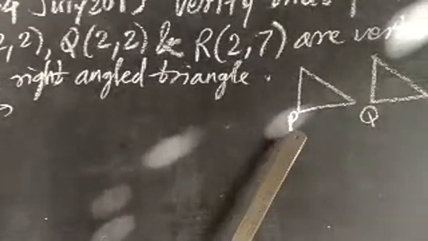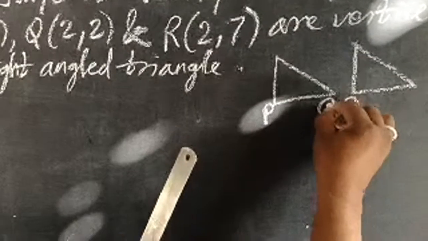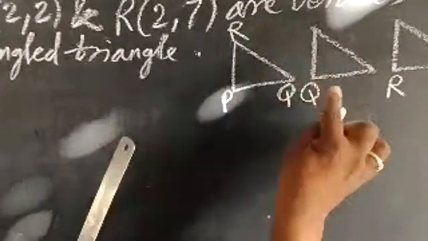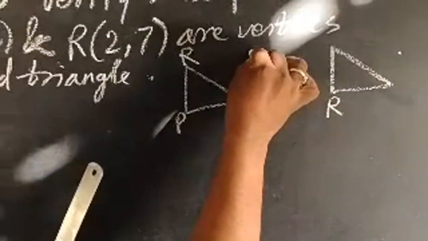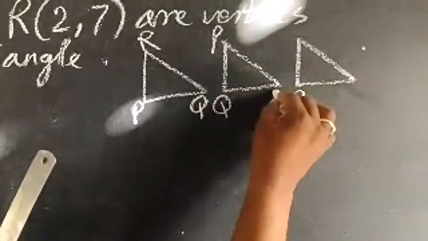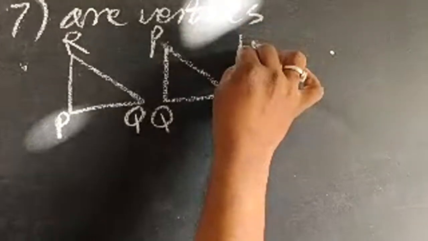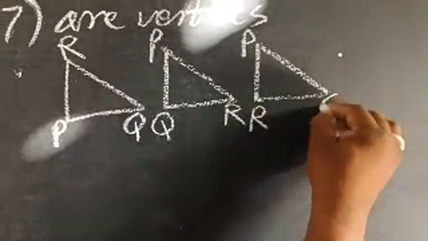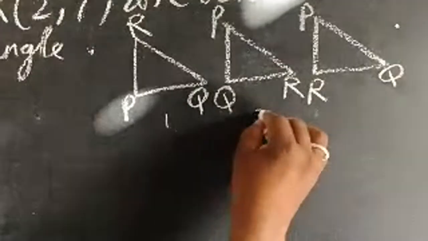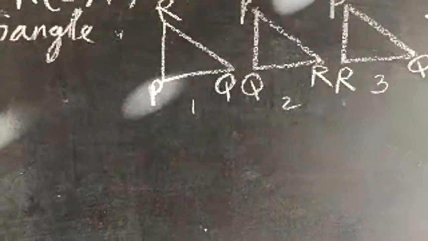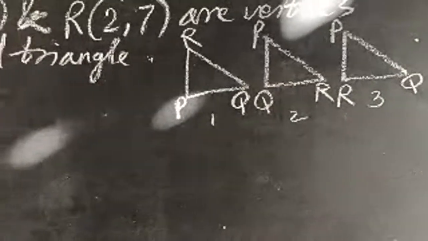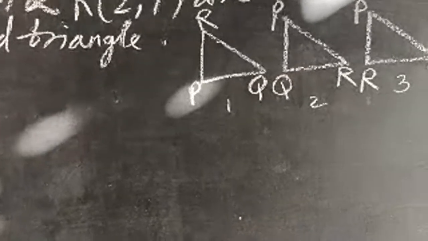Suppose here P, then here Q and R. Suppose here Q, here P and here R. Suppose here R, P and here Q. These are the 3 possibilities. What is the next step?